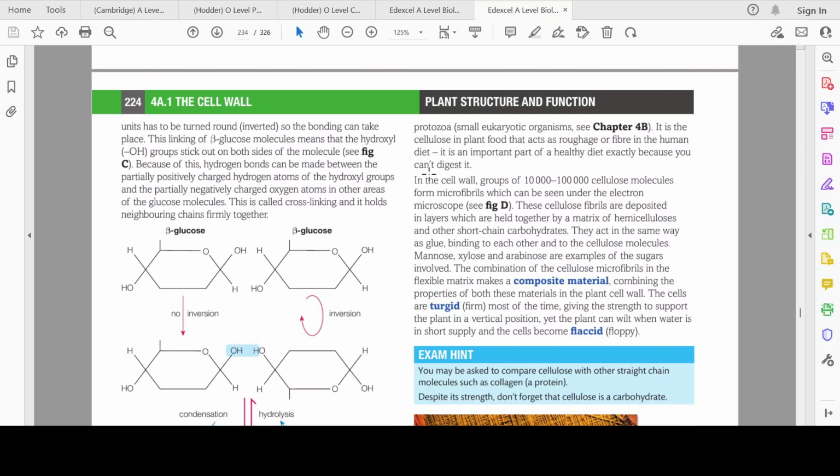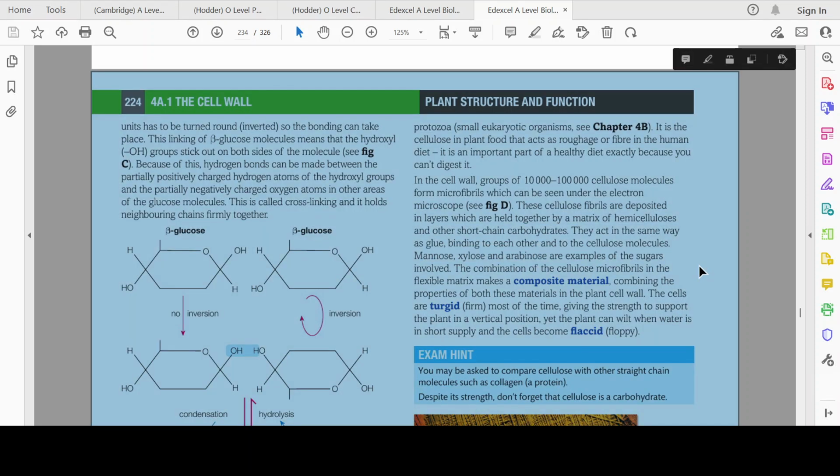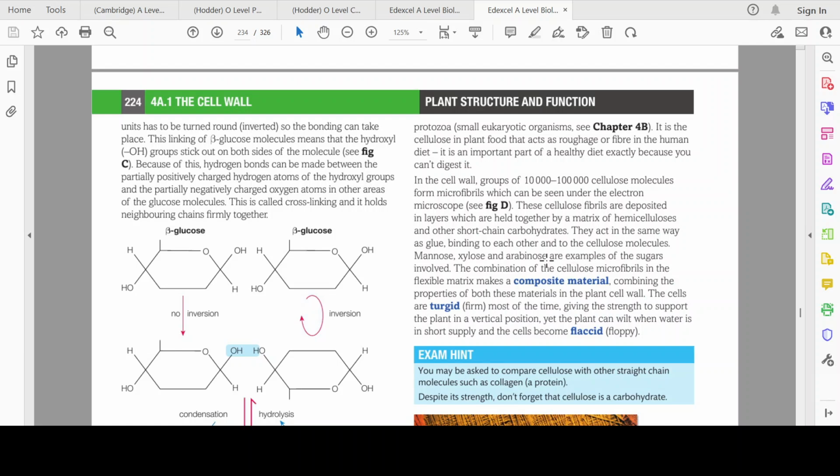In a cell wall, there are 10,000 or 100,000 cellulose molecules which form microfibrils, and they're deposited in a matrix of hemicellulose. We've talked about all of that. There are other short chain carbohydrates in the mix, such as mannose, xylose, and arabinose, and they mix together to make it gel well and more rigid, and keep it tight.